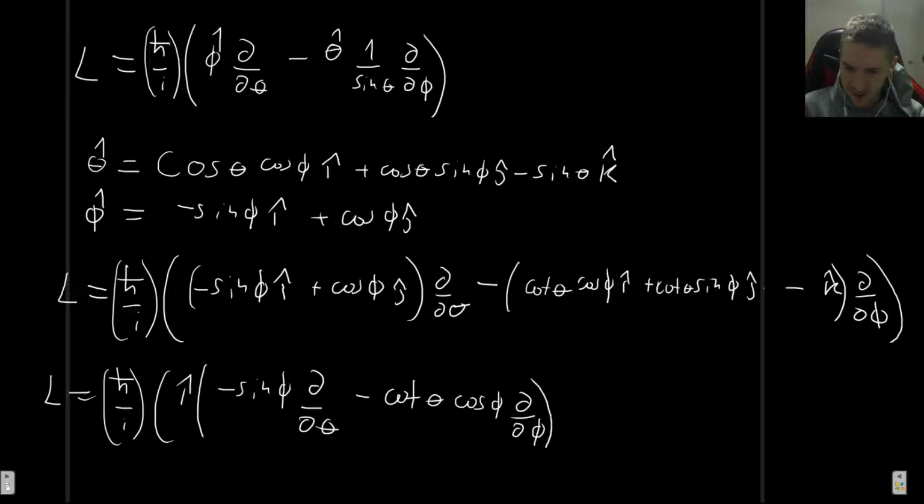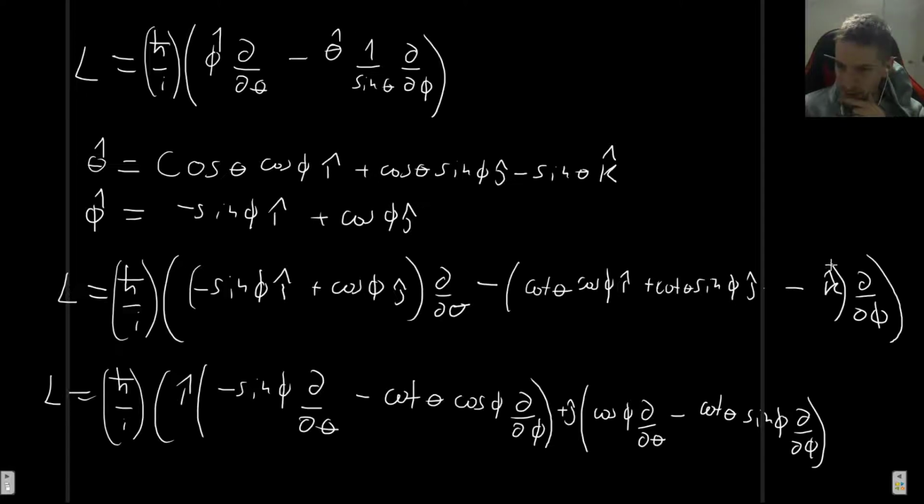Then in the j hat direction, we have cosine phi d theta, and here we have minus cotangent theta sine phi d phi. And finally, in the k hat direction, we have plus only d by d phi.